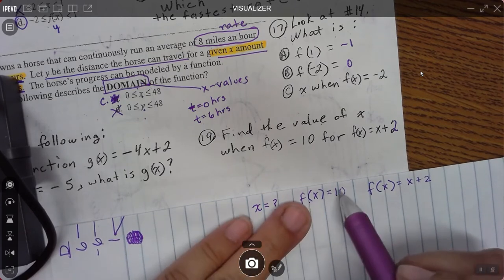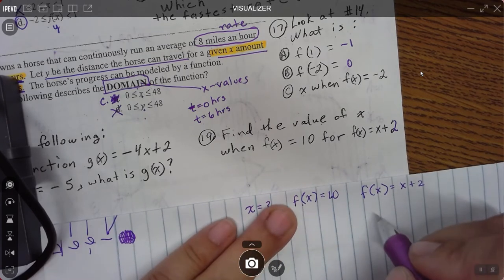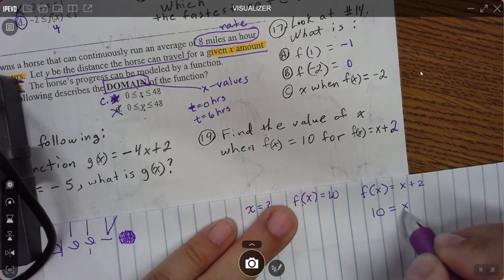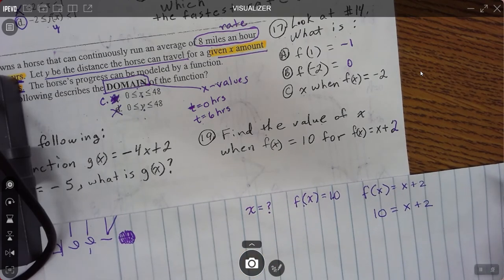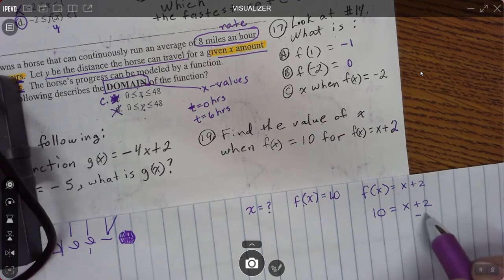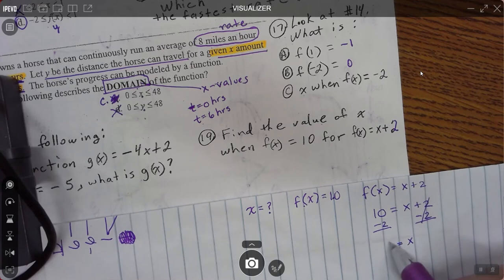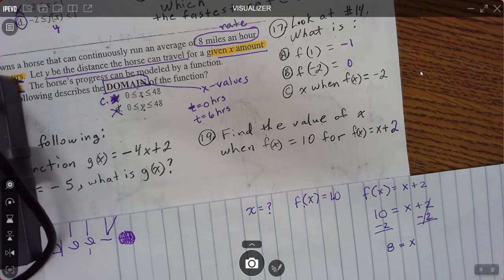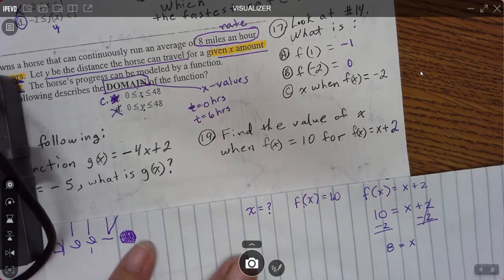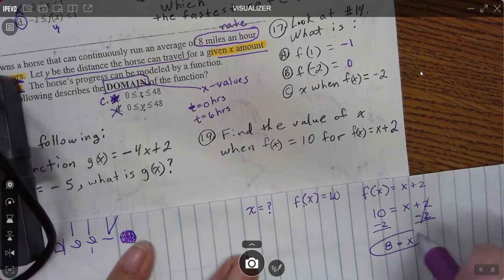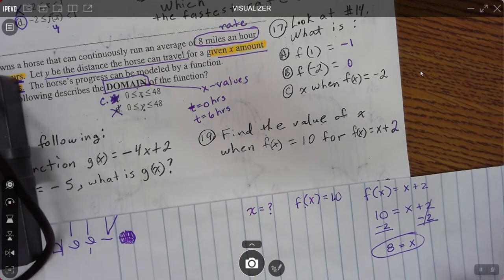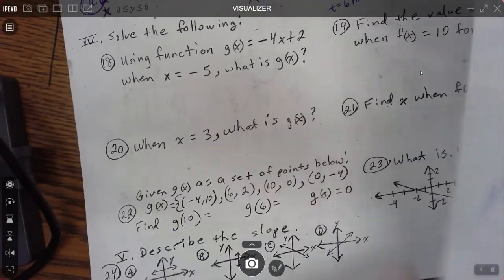The function equals 10. So that means this is 10 equals x plus 2. All right, subtracting 2 on both sides, x equals 8. So that's the answer on that one. Okay.